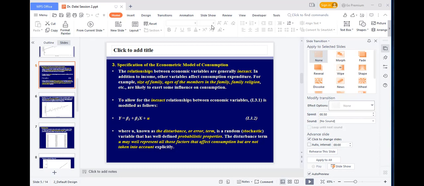Instead of ignoring those factors, we can club them into one single integrated factor, which we call the disturbance or error term, or random error term, or stochastic variable, or random variable. We consider that as u in the model, highlighted in yellow here.